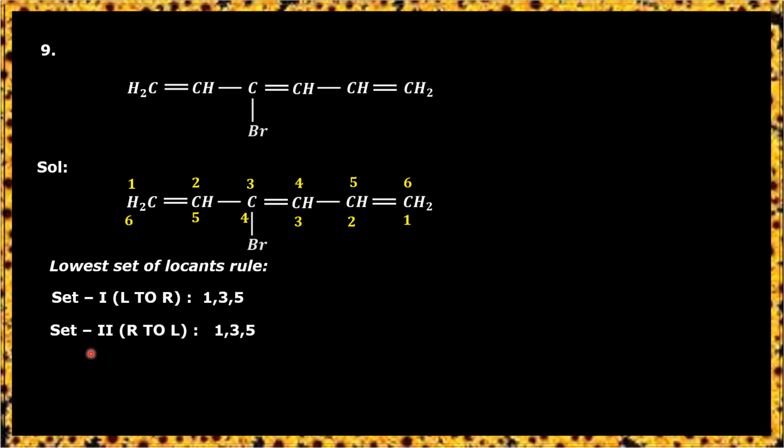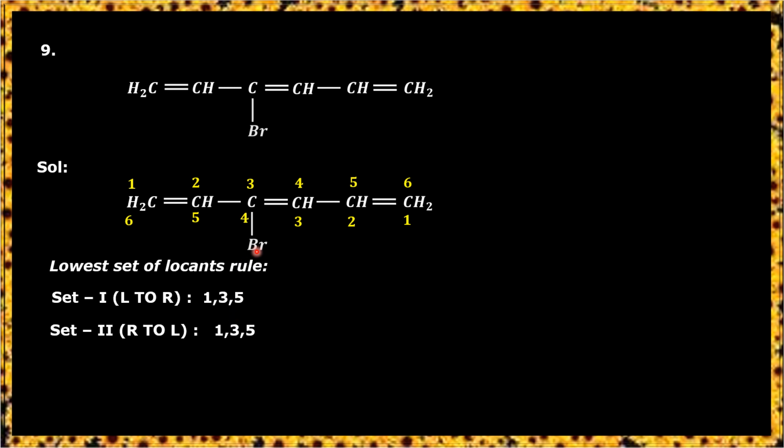Similarly, set 2 locants are 1, 3, 5. Okay, so here the double bonds are positioned at the same numbers. That is, from left to right and from right to left, the locants are the same.